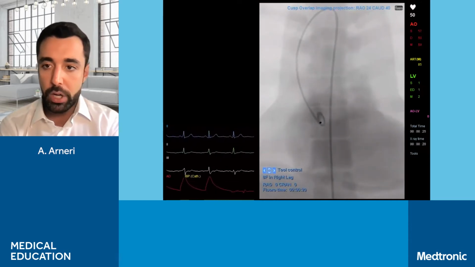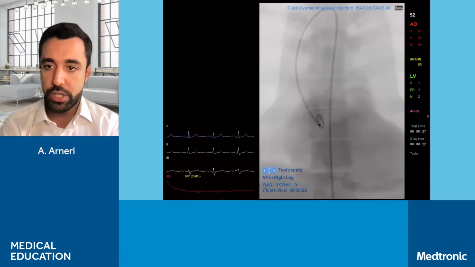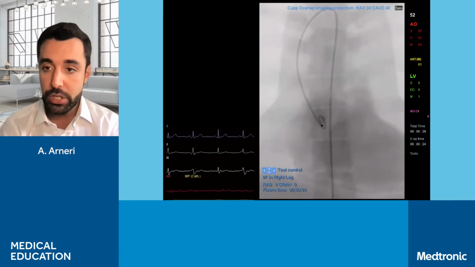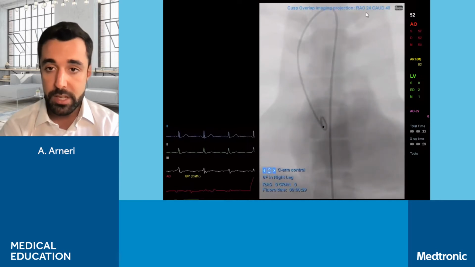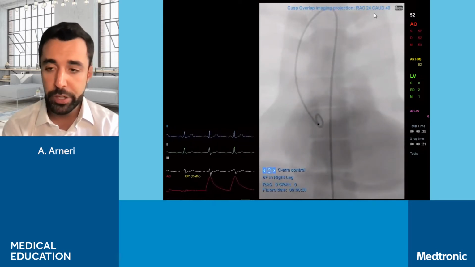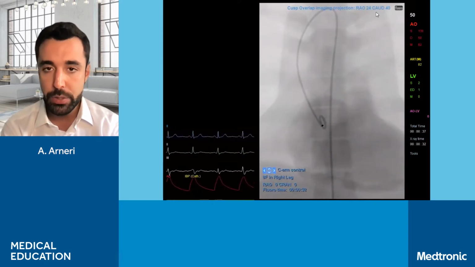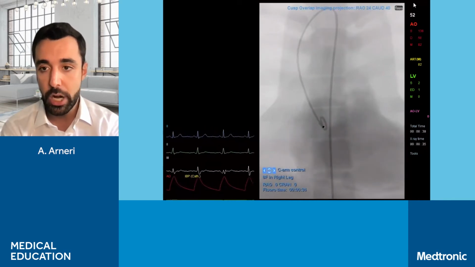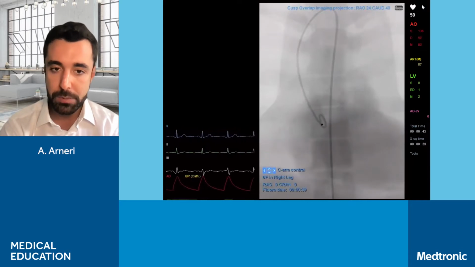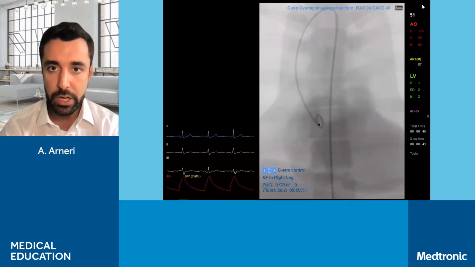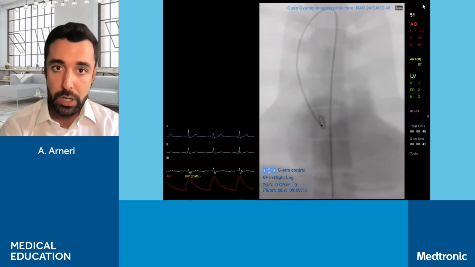So the first thing we're gonna do right now is just checking the implant projections. The implant projections are calculated from the CT scan. For this procedure, it's important to keep in mind two different implant projections, which are the cusp overlap view and the traditional three-cusp view. I'm going to talk over these two projections in a minute.